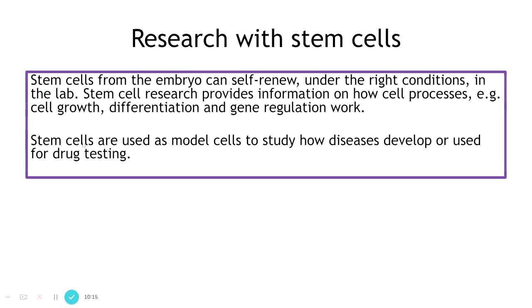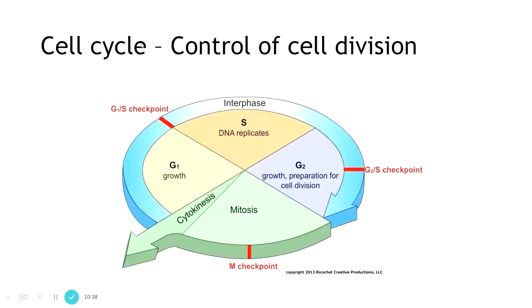We can also use stem cells in research to understand more cellular processes, such as how the cells grow, differentiate, and how gene regulation actually takes place. So these would be classed as our research uses, not our therapeutic, and SQA may need you to be able to differentiate between those two types of uses.